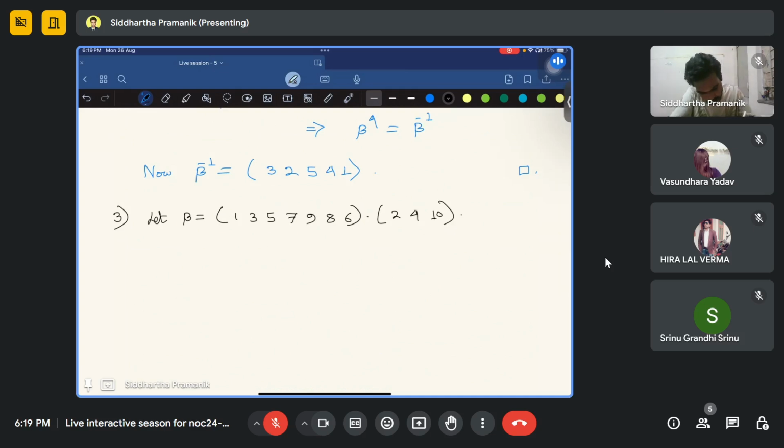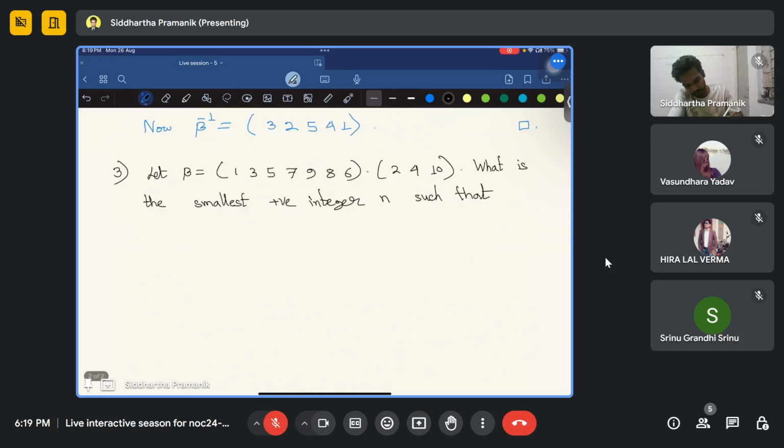Then the question is, what is the smallest positive integer n such that beta to the power n is equal to beta to the power minus 5?